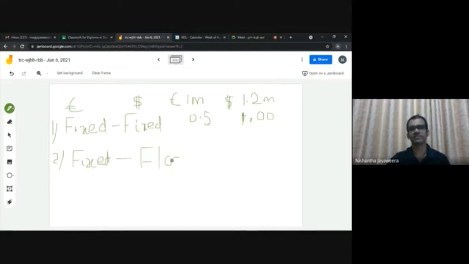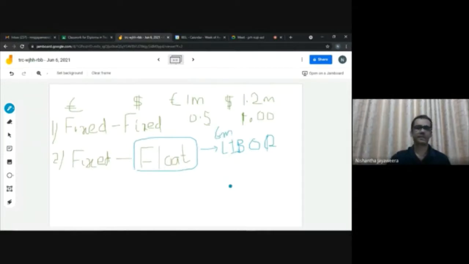What does it mean? This floating leg is linked to a benchmark, such as LIBOR. Since in this example we are going to pay every 6 months, this will depend on the 6-month LIBOR, something like that.